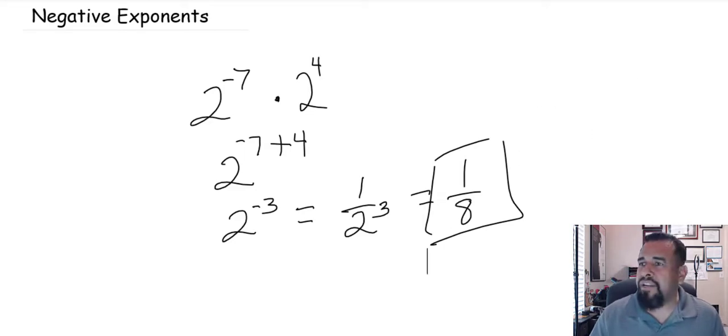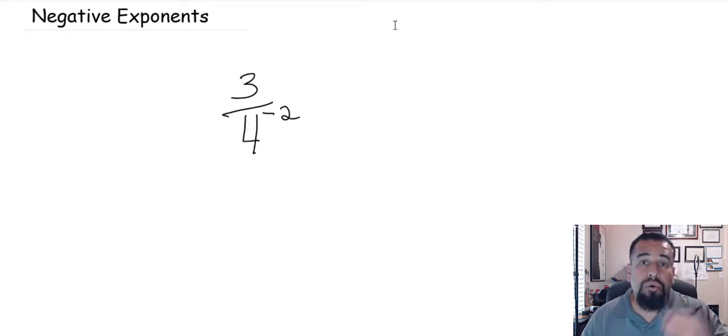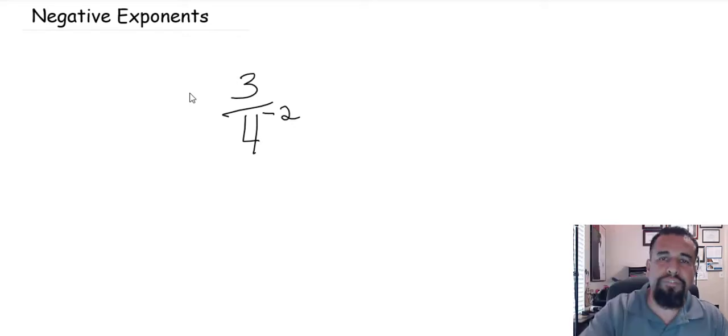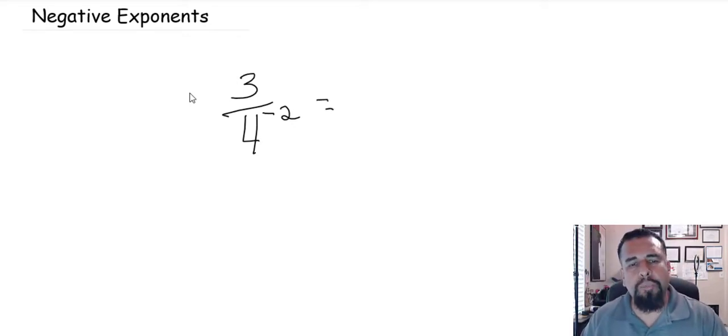All right, let's go ahead and try another one. Since I've had all the exponents at the top being negative, what if my exponent's at the bottom and still negative? Well, not a problem. We are going to take the reciprocal as well. Notice the exponent first is just to the 4. So we are going to take the reciprocal of 3 over 4 and make it 4 over 3.